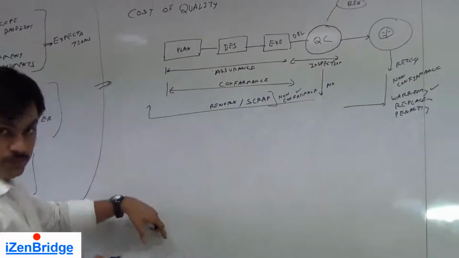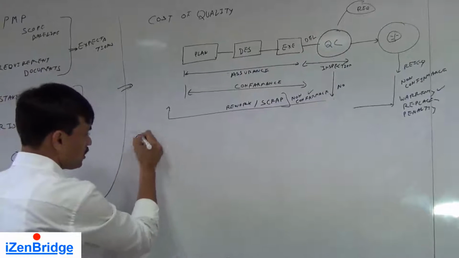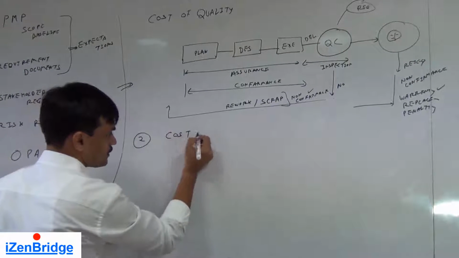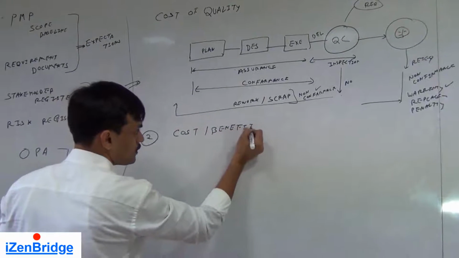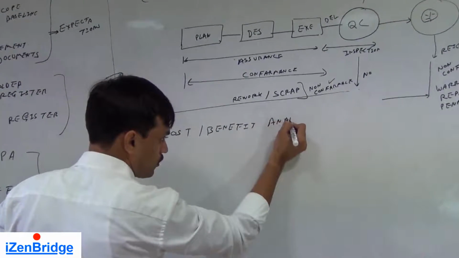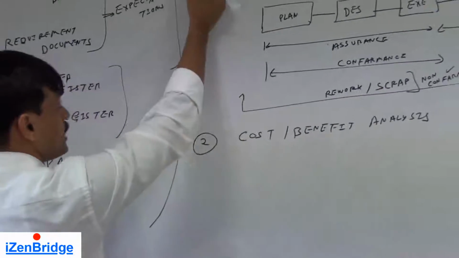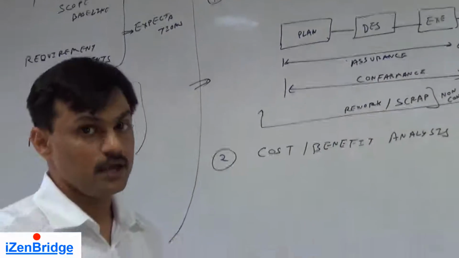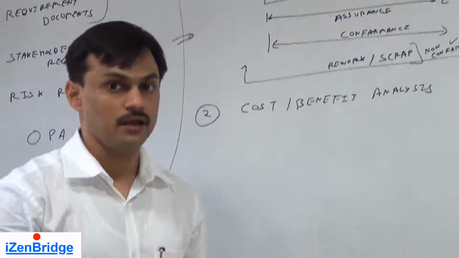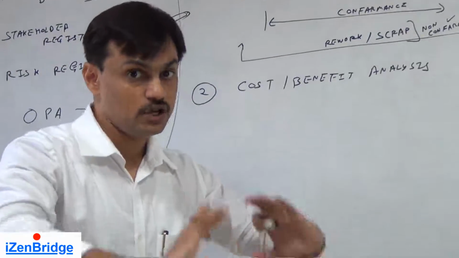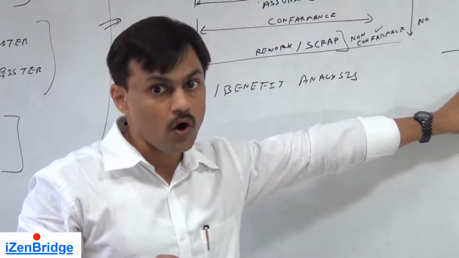The second tool of plan quality management talks about cost benefit analysis. Now, we understood the cost of conformance and we understood the cost of non-conformance. Now we can take a call on how much money we should spend in conformance activities so that we can save non-conformance cost.